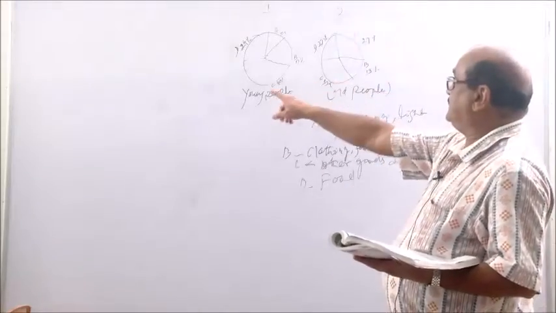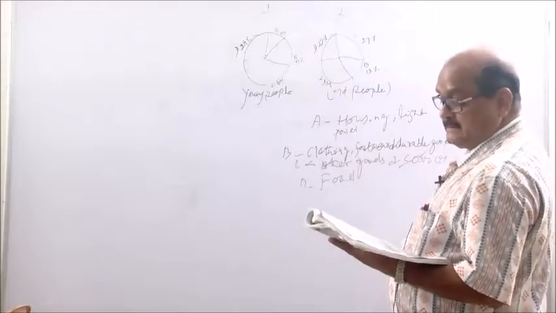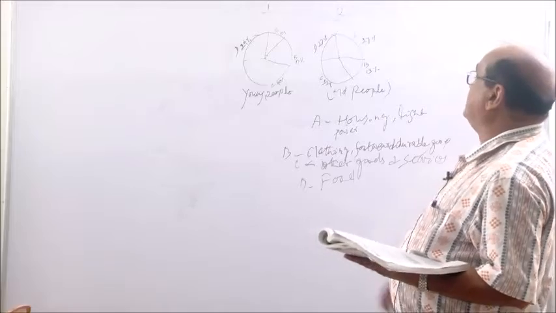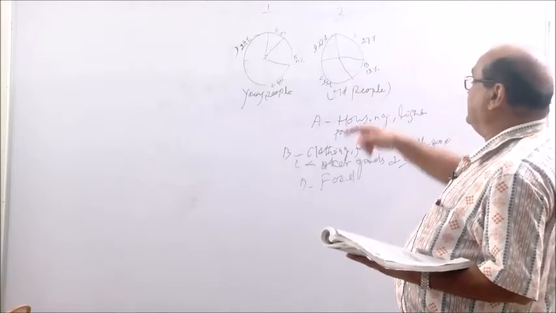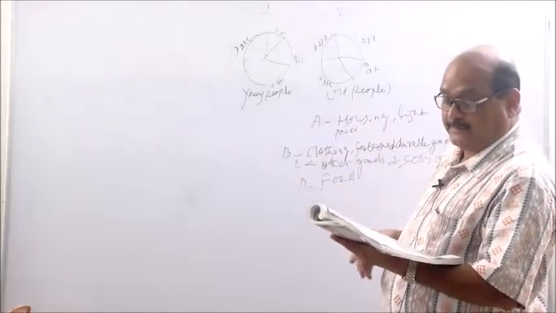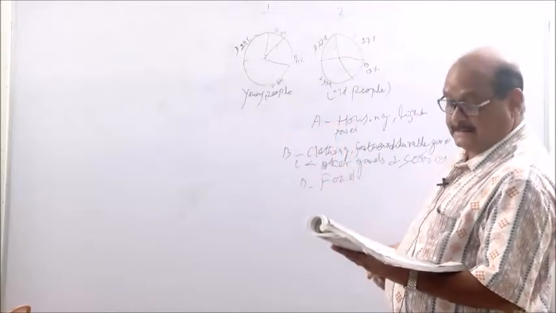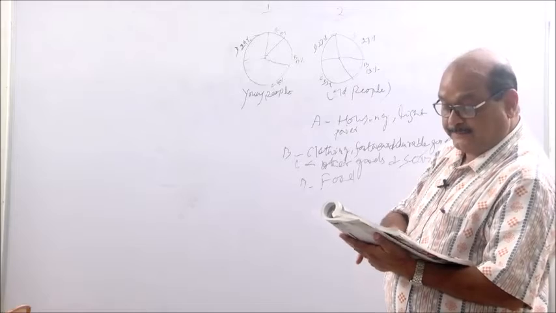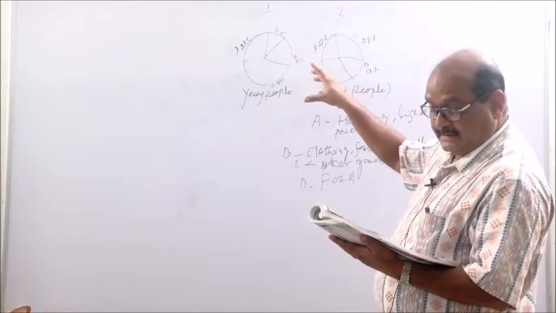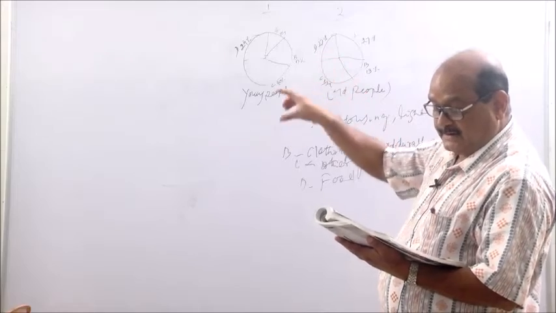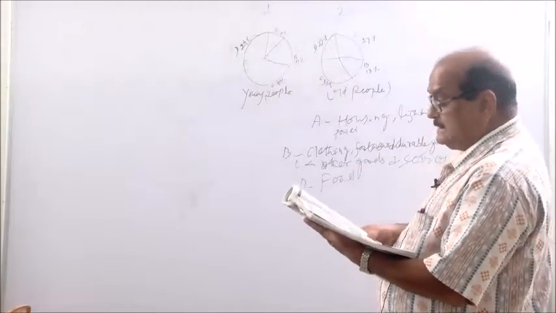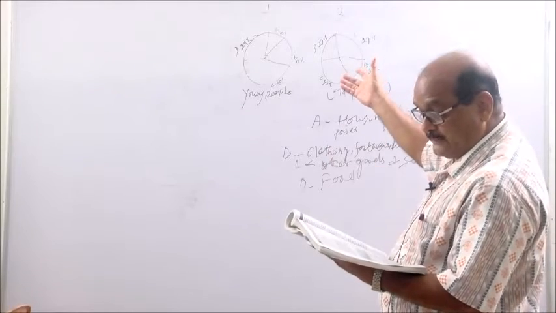Graph 1 is about the spending habit of young people in Odisha. Graph 2 is about the spending habit of old people in Odisha. What happens? It is a comparative study of the spending habit of old people and young people.